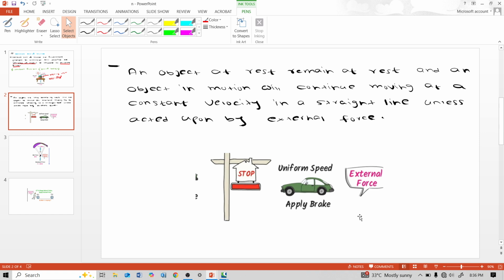So that brake is an external force. The body stays in its state only until and unless you apply an external force. So a moving body is always moving, but we need to apply force to stop it.